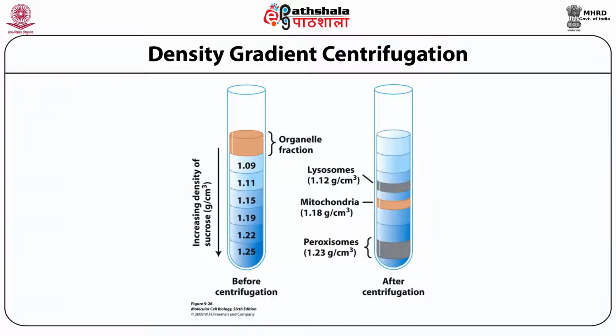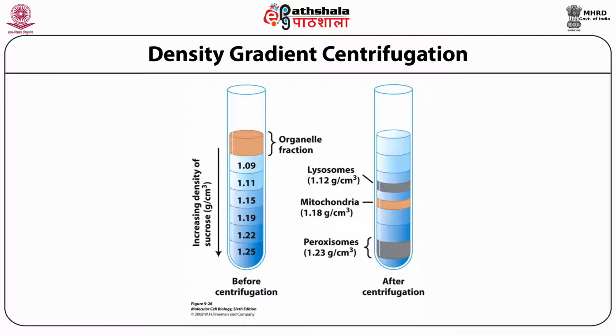Now the density gradient centrifugation. Here people make a density gradient. The density gradient is a sucrose density gradient, where the density varies: at the lowest part the density is 1.25 and at the top it is 1.09. The organelle fractions are kept at the top and then centrifuged at very high speed.